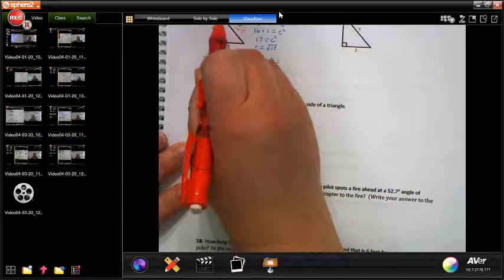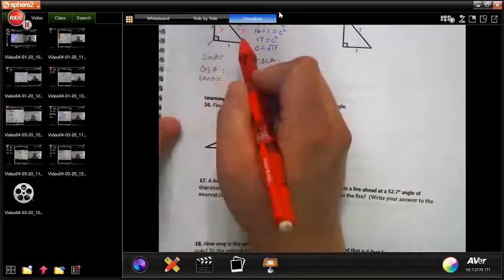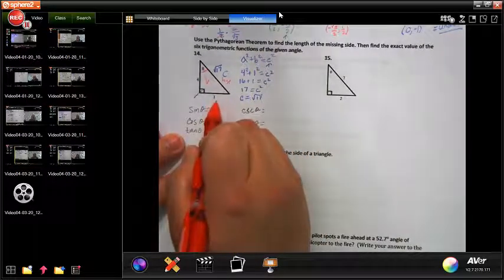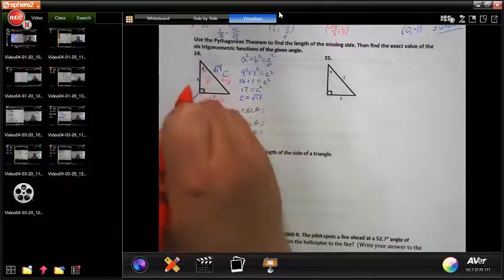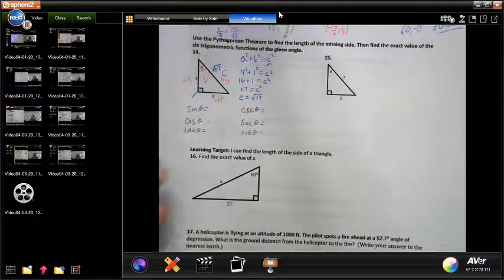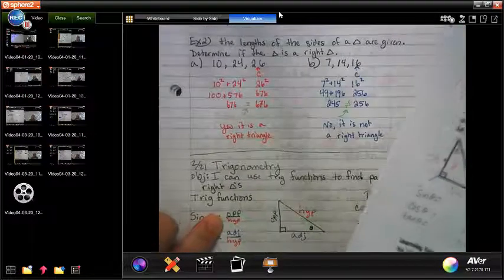Since theta is right here, across the street, oops, sorry, I just realized. Okay, across the street would be here, so this is opposite, and this is adjacent. So when I do my sine, it is opposite over hypotenuse.